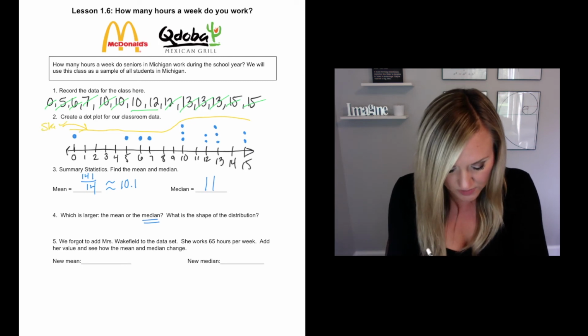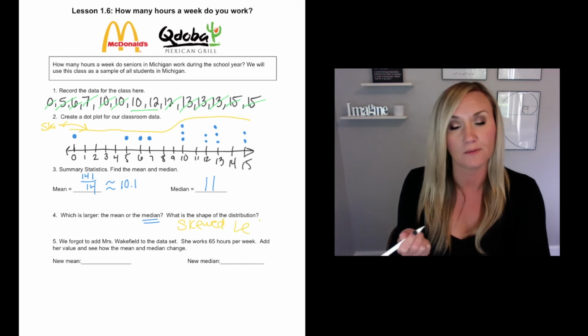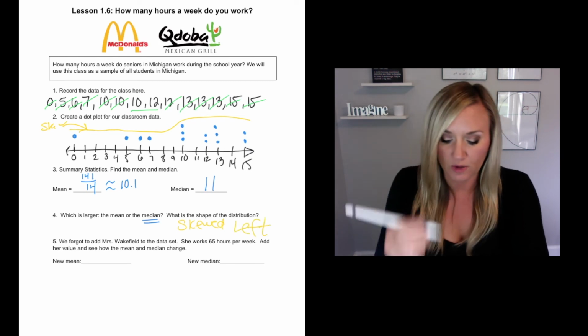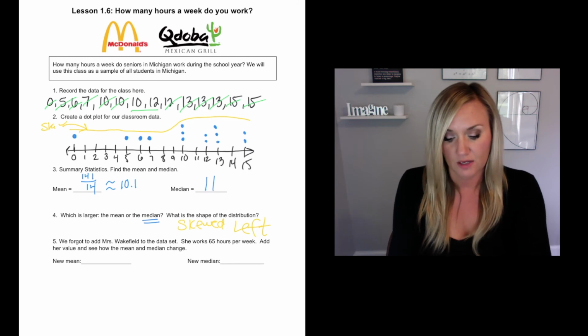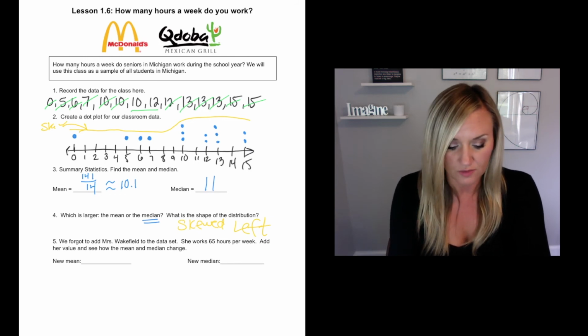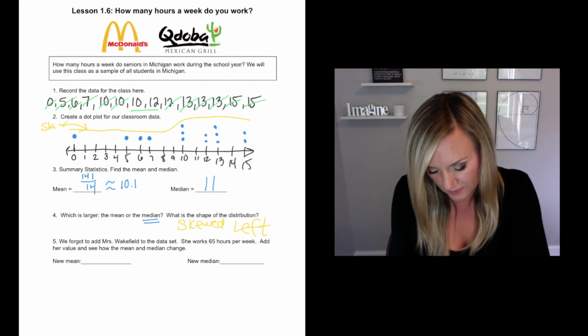So that is going to give us a new mean of about 13.7. And if you add me over here at 65 and we start crossing off, that means our new median is just 12.